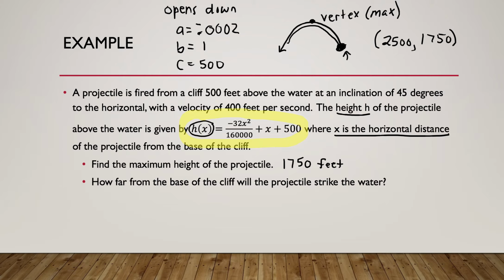So at this point is what I'm trying to find, when it hits the water. So what do I know about either the height or the distance when it hits the water? Well, I know that when it hits the water, the height is going to be 0, okay? Because the problem says the height h of the projectile above the water. So when it strikes the water, the height is going to equal 0.